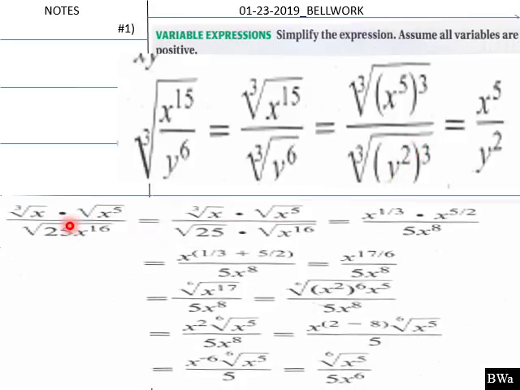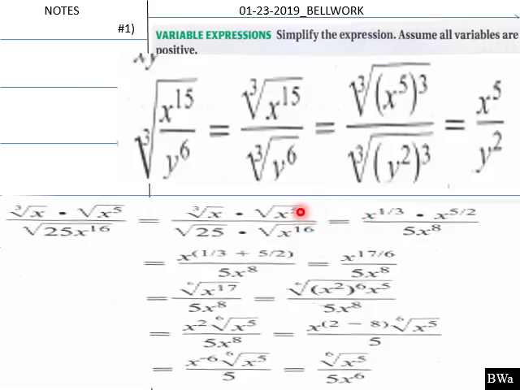Now for the bottom, this is our original, and then we separate this denominator out by these two expressions. So this comes out to 5 times x to the 8th from the square root of this.